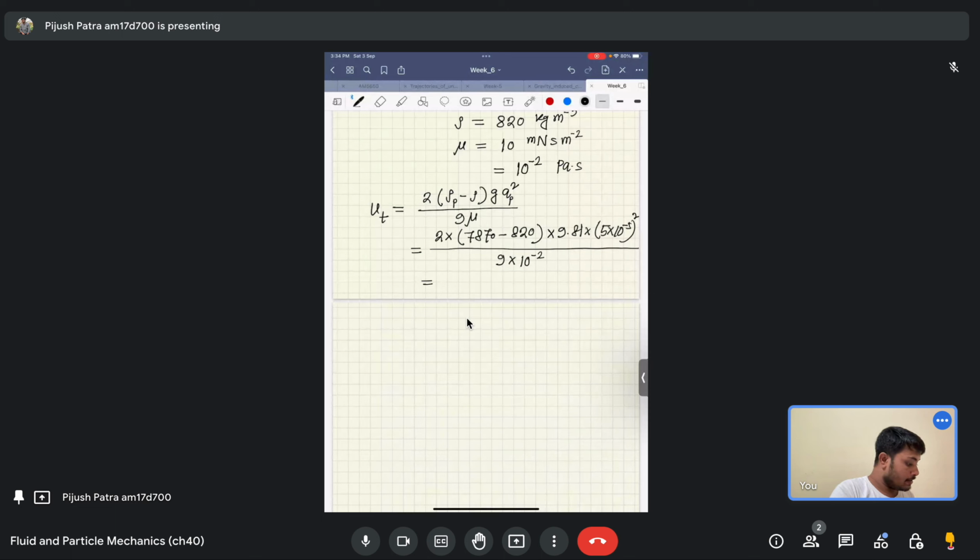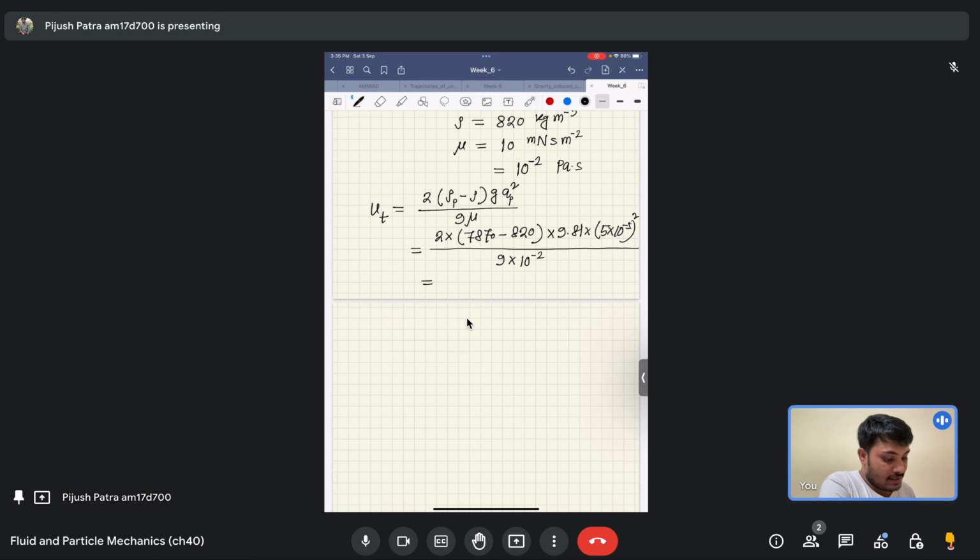So it will be 7870 minus 820, into 9.81, into 25, divided by 9, into 10 raised to minus 8.